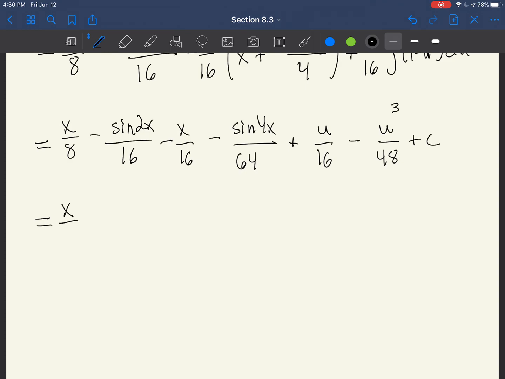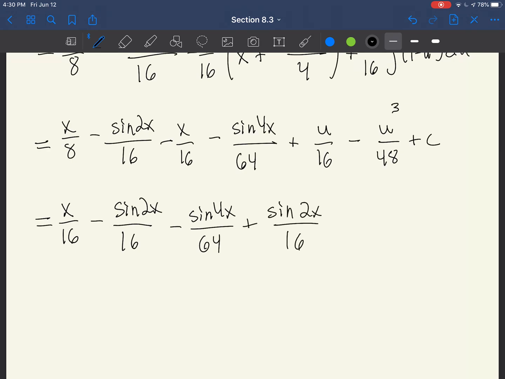We have x over 8 minus x over 16. That is just positive x over 16. We're going to have minus sine of 2x over 16 minus sine of 4x over 64 plus sine of 2x over 16 minus sine cubed of 2x over 48 plus c.